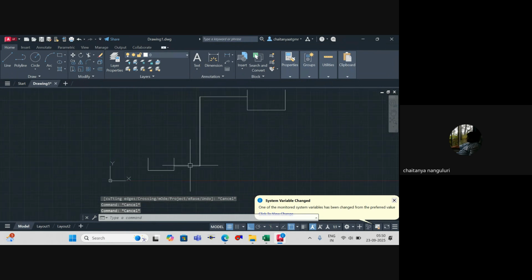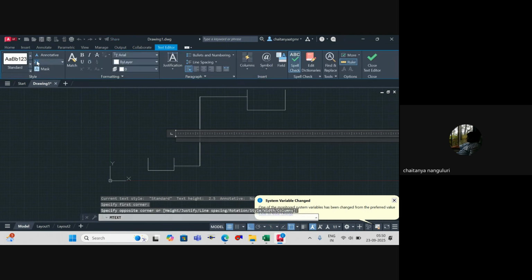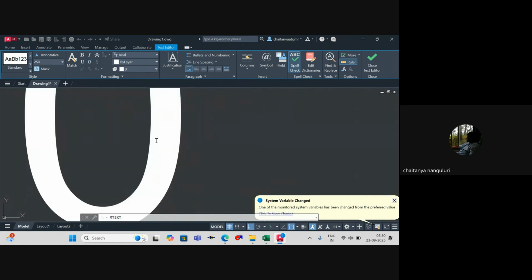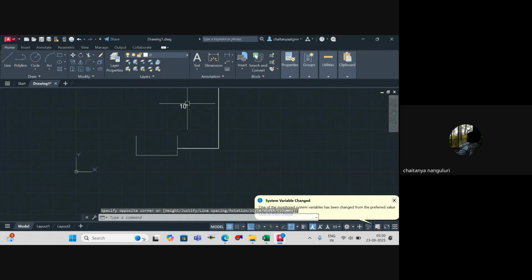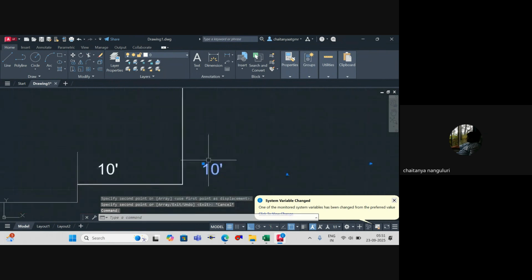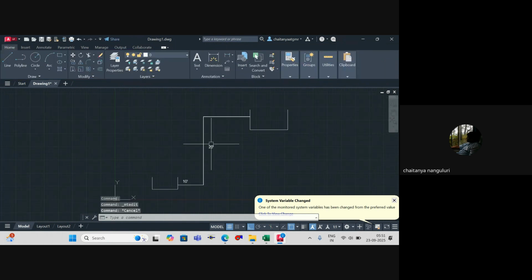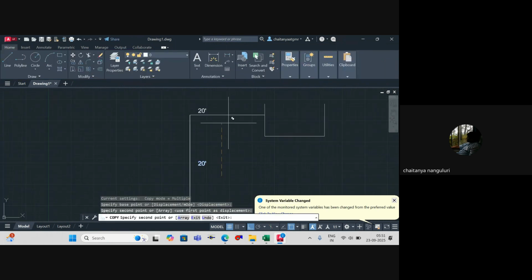Let's say these are the dimensions. I'm just giving some random numbers. This pipe from this point to this point is 10 feet, this particular one is say 20 feet, and the other is 15 feet.